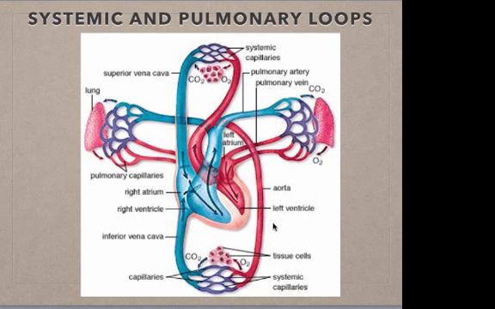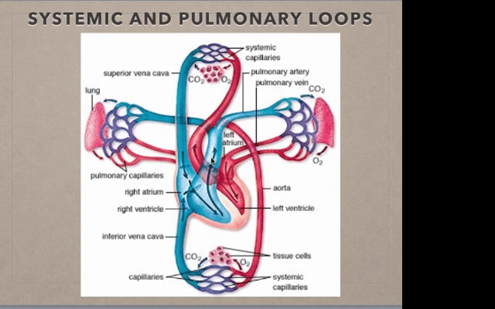So we have a cycle. Let's just walk through this one more time really quickly. So we've got blood that is oxygen poor, collecting from both the inferior and superior regions of the body. The oxygen poor blood goes into the right atrium, from there into the right ventricle.